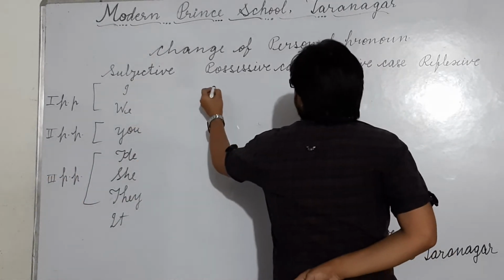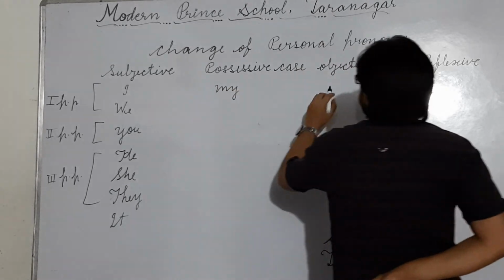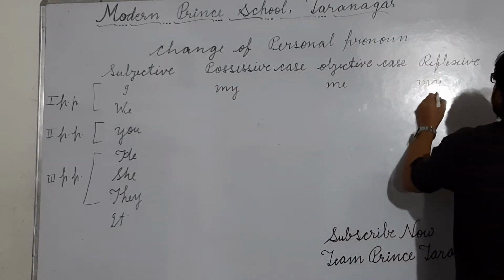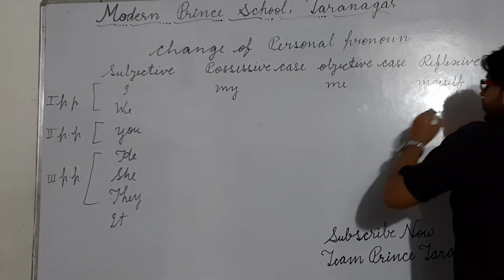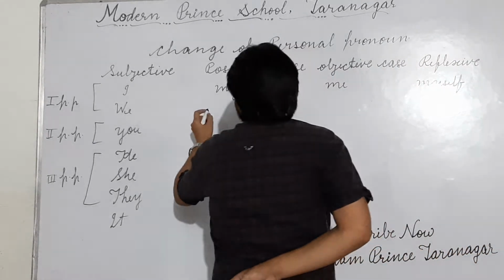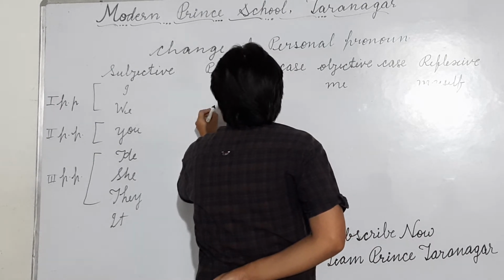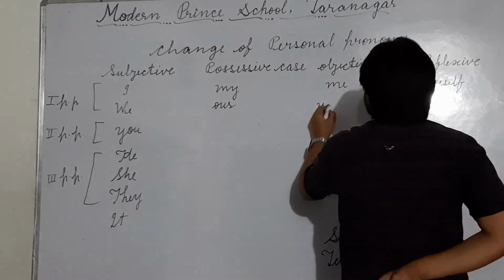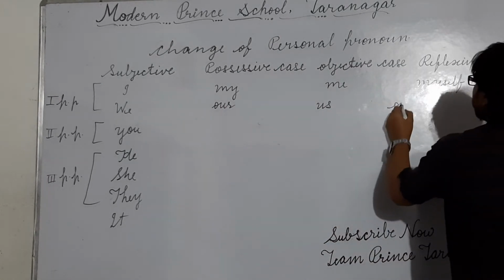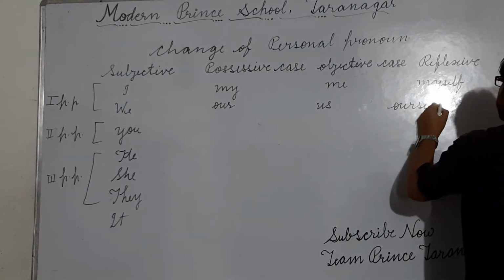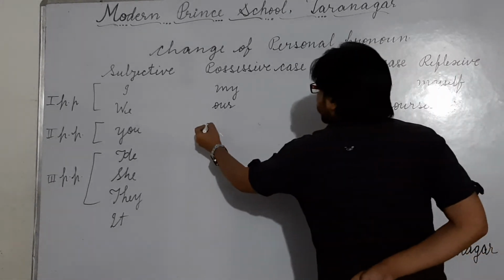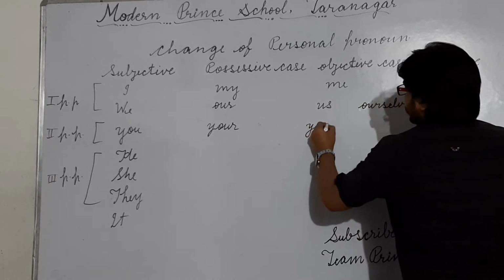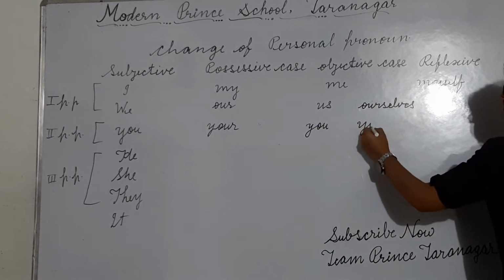Possessive case: my, me, myself. These are the 4 cases of a personal pronoun: we, our, us, ourselves. You, your, you, and yourself.